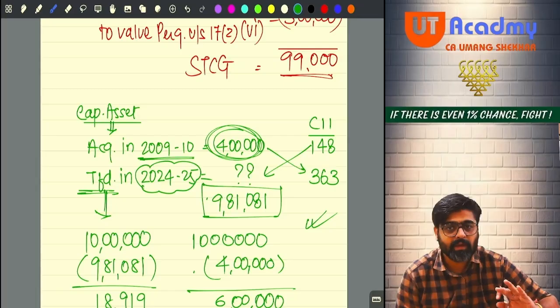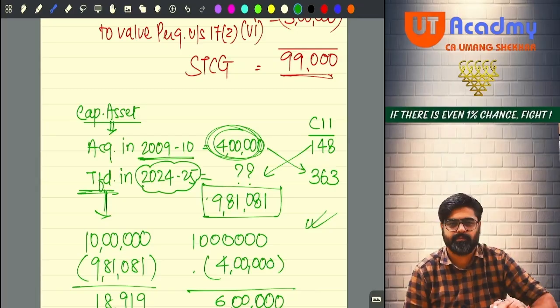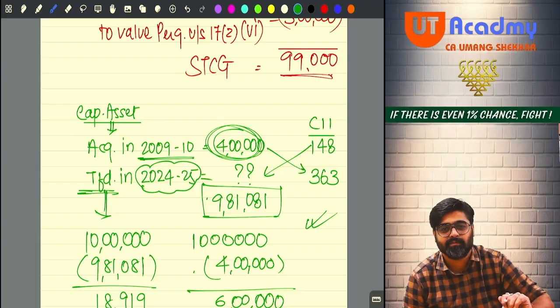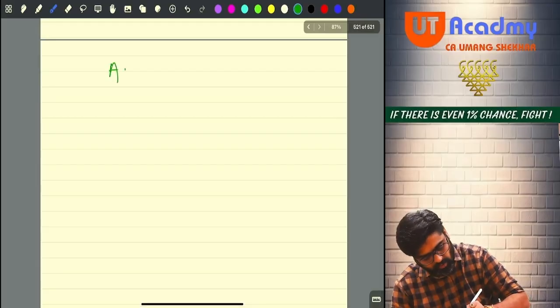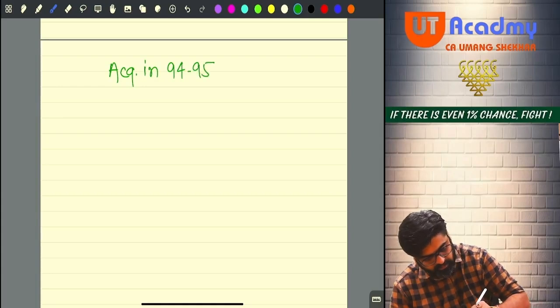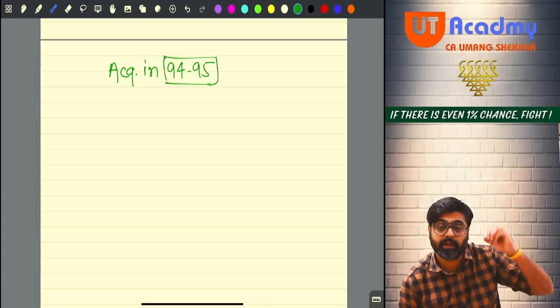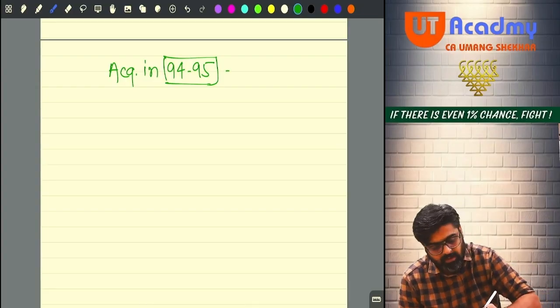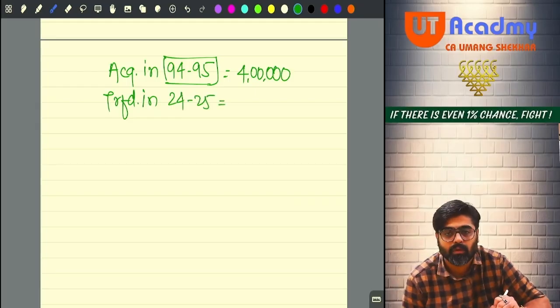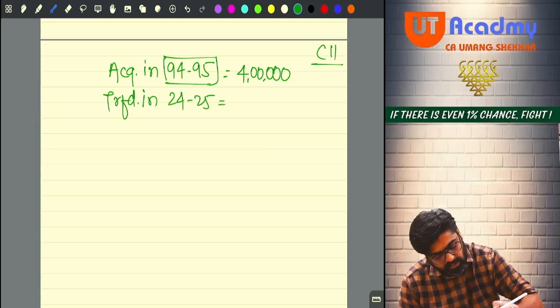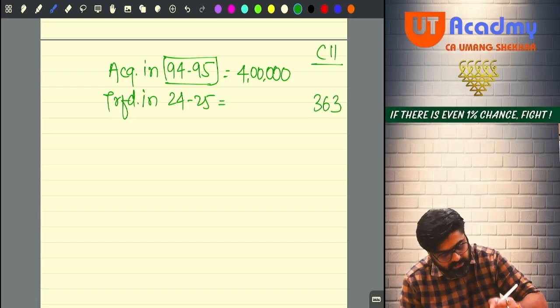Yes or no? Now if I change this example a little bit, you will go mad. See, if that same capital asset was acquired in 94-95, for 4 lakhs, and that is transferred in 2024-25, CII for the transfer year you will get 363.